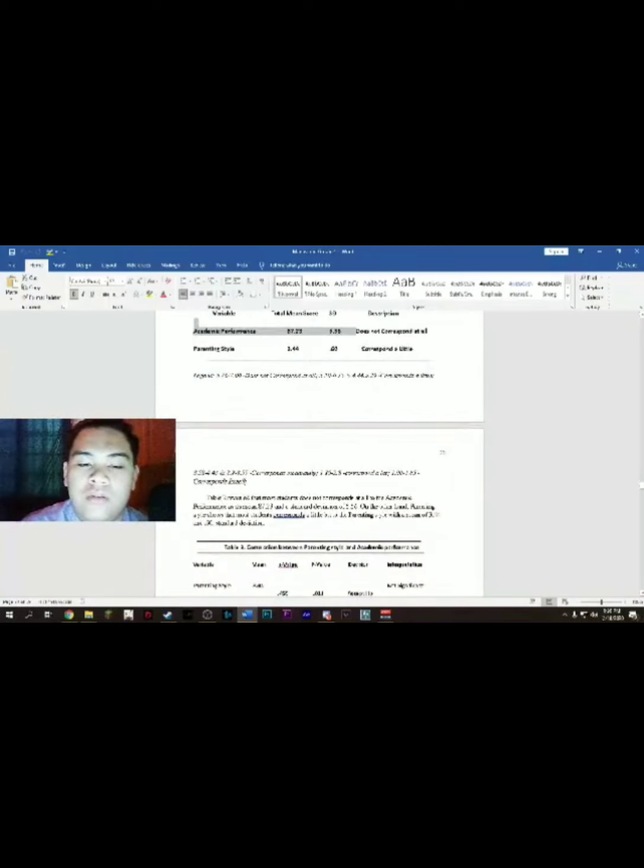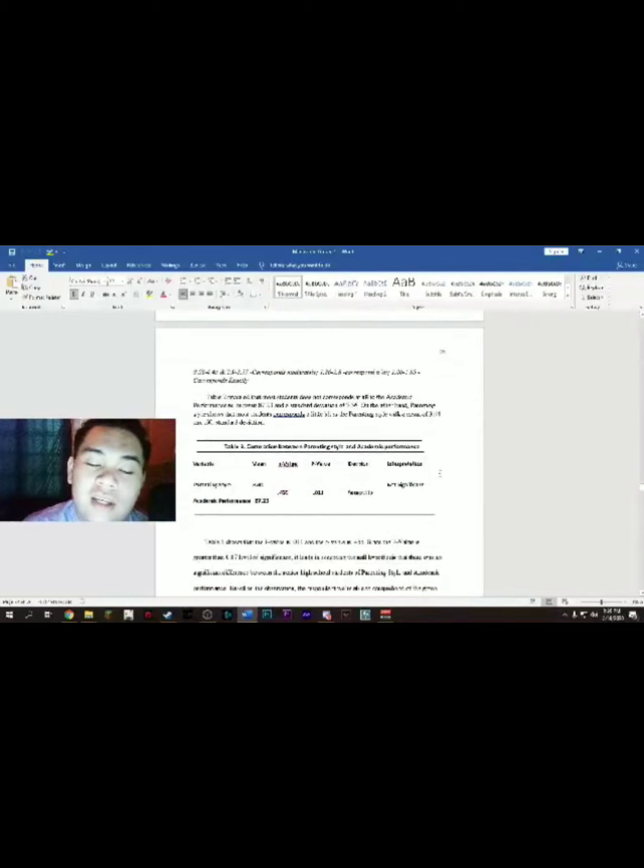Table 2 reveals that most students do not correspond at all, since performance has a mean of 87.23 and a standard deviation of 5.86. On the other hand, parenting style shows that most students correspond a little bit to the parenting style, with a mean of 3.44 and 0.60 standard deviation.